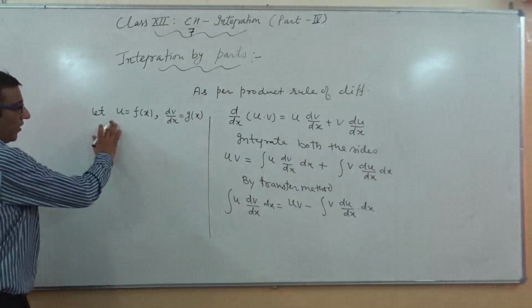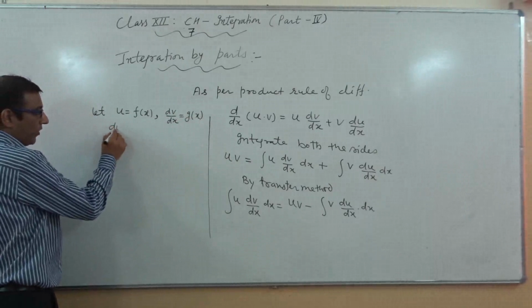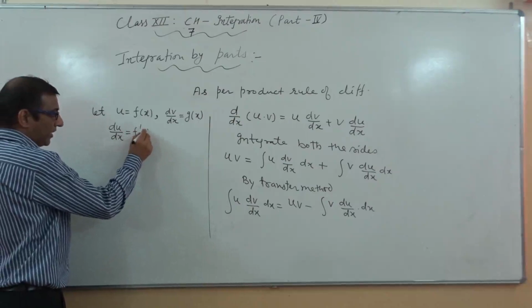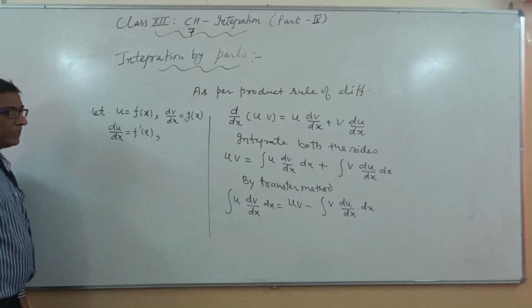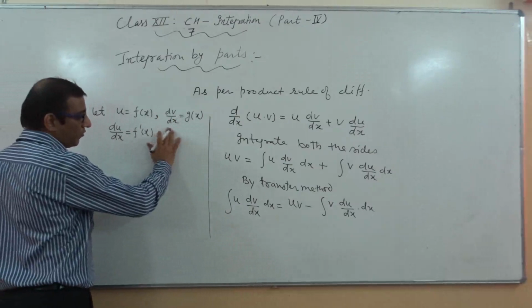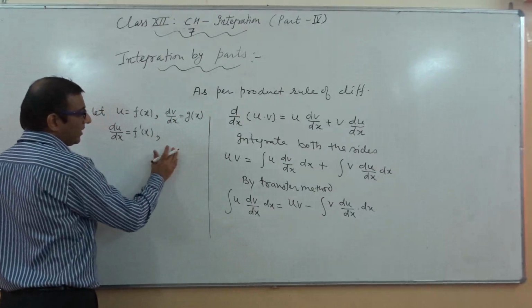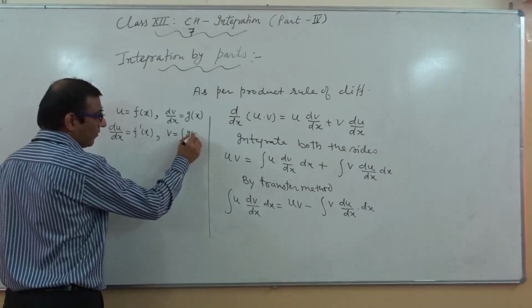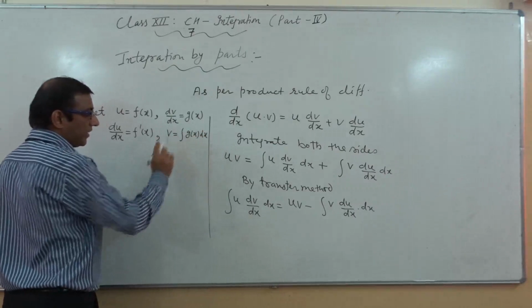Okay. So if we differentiate with respect to x, it means du upon dx becomes f dash x. And in dv upon dx, if we integrate both sides, it can be written as v equals integral of g(x) dx.